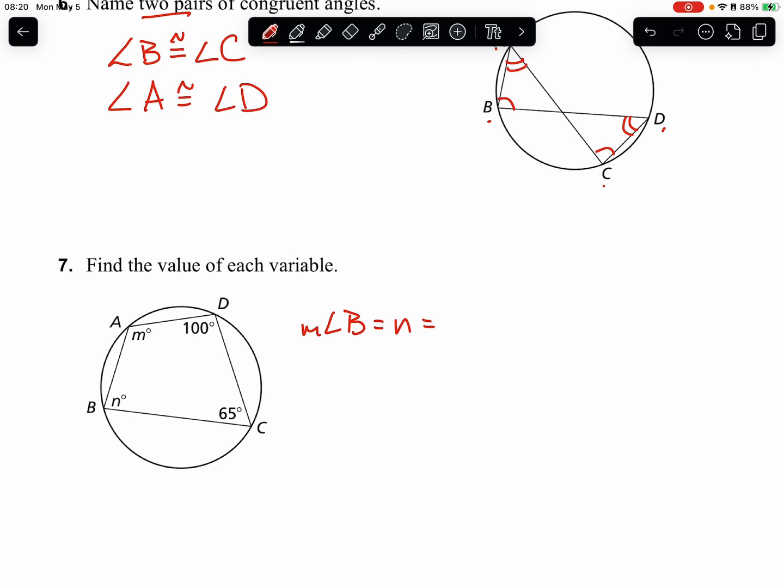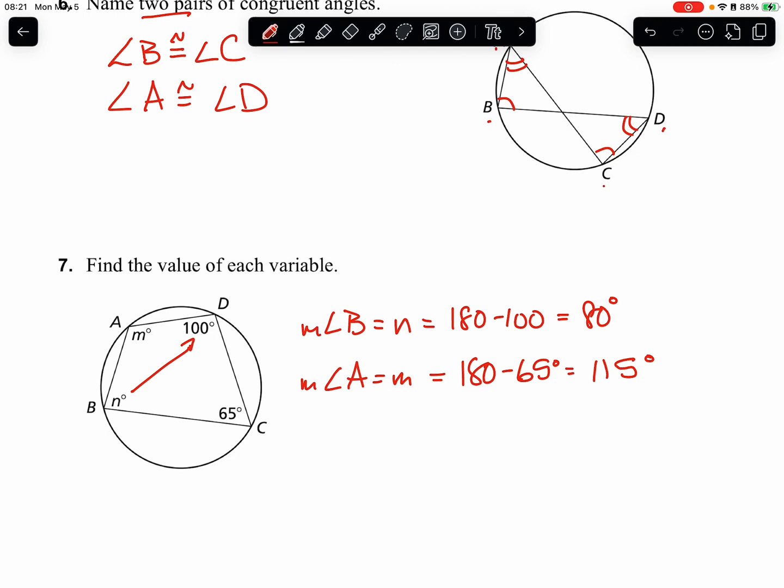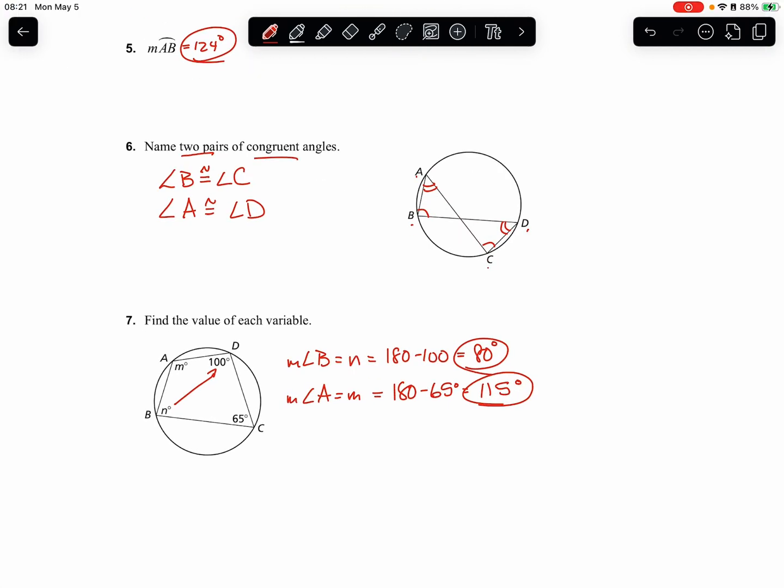I take 180 minus 100, because I look to the opposite side, 80 degrees. And the measure of angle A, which is m, is 180 minus 65, 115. All right, good luck in your homework.